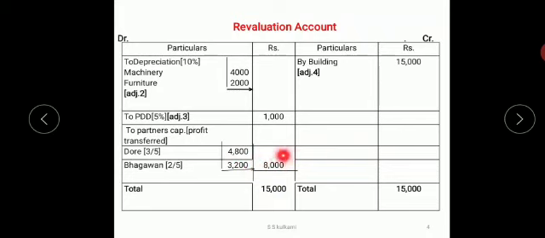This 8,000 has to be distributed to the partners in the old ratio, 3:2. So 3/5 amounts to 4,800 and 2/5 to 3,200. We complete our revaluation account and this profit is transferred to the partners' capital account.